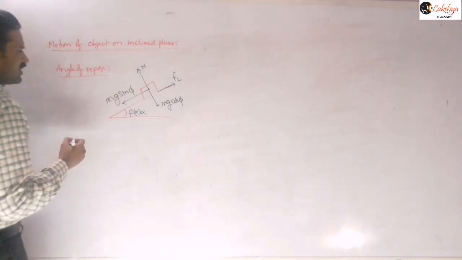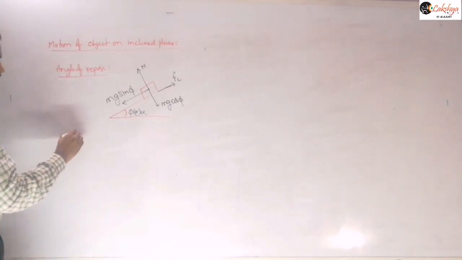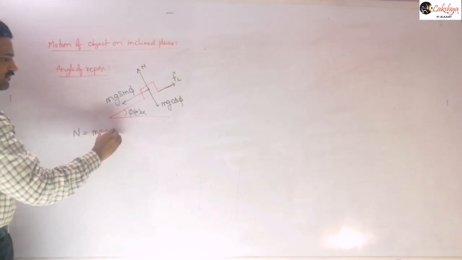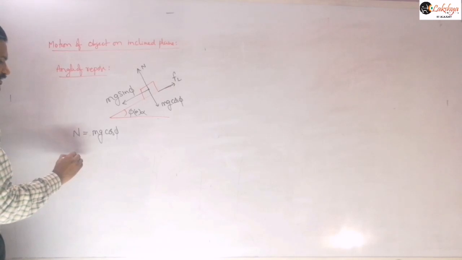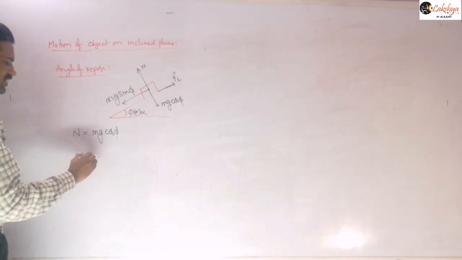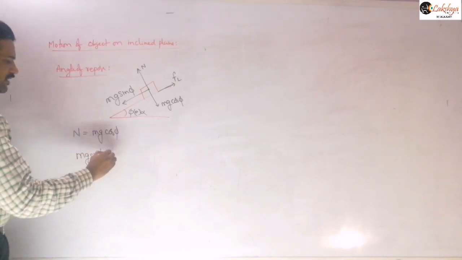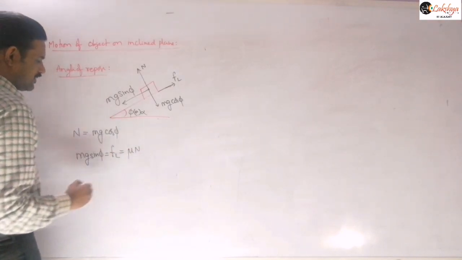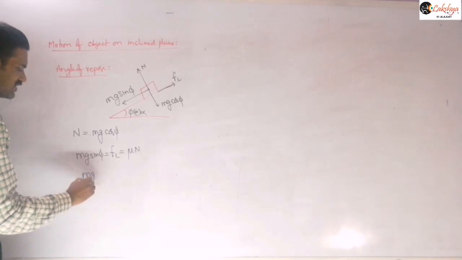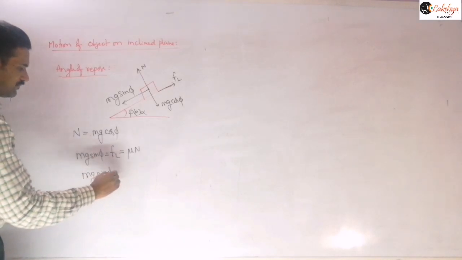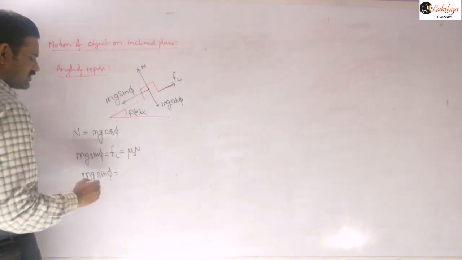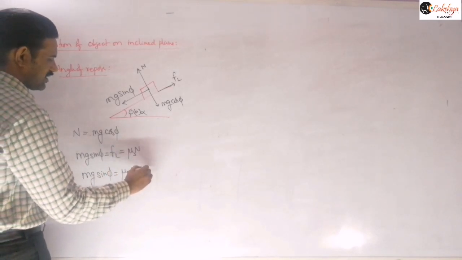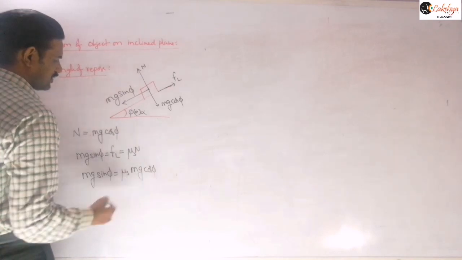Therefore what we can write is that normal reaction is equal to mg cos phi, and mg sin phi is equal to FL, the limiting friction, which you can write as mu N. Therefore mg sin phi is equal to mu s into N, where N is nothing but mg cos phi, right?